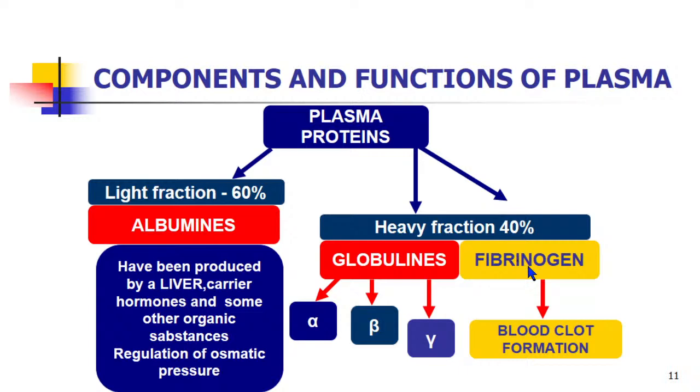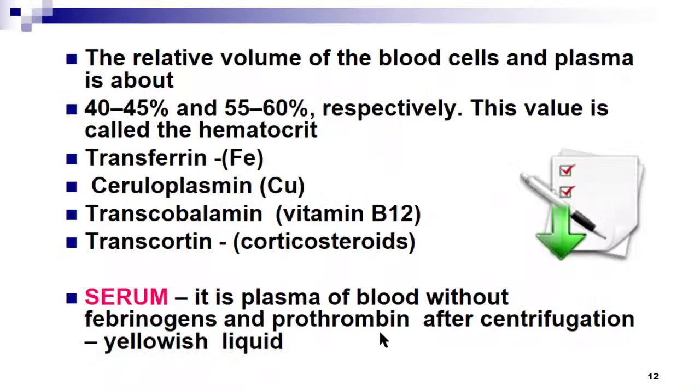From another side, we have fibrinogen. Fibrinogen and prothrombin are among the main proteins of plasma which provide blood clot formation. More fully, you have studied blood clot formation in physiology and biochemistry. And look, we just discussed, as examples, some functions of globulins.